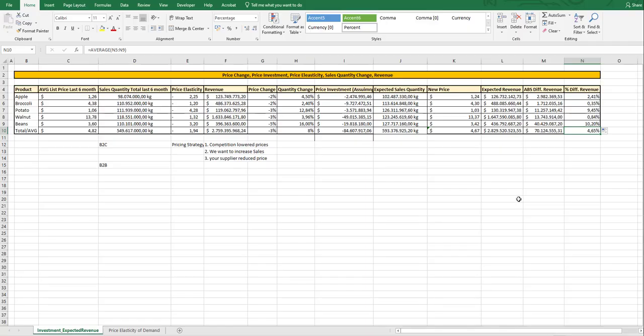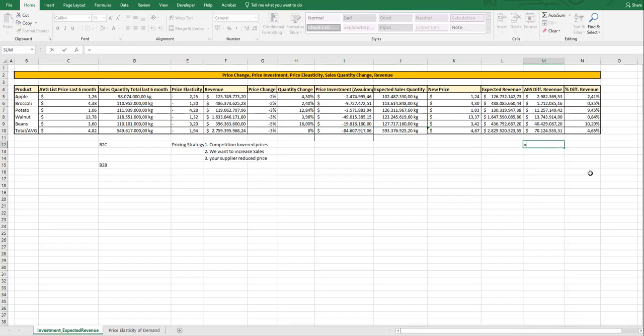So we can see that the absolute difference is 70 million and our investment is 84 million. That would mean, strictly speaking, we lost 14 million, but this is not an investment in a classical meaning.